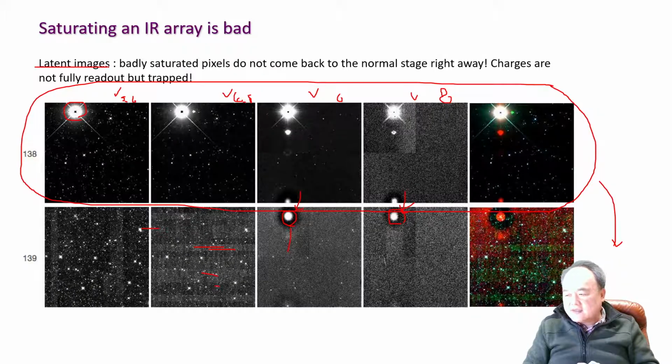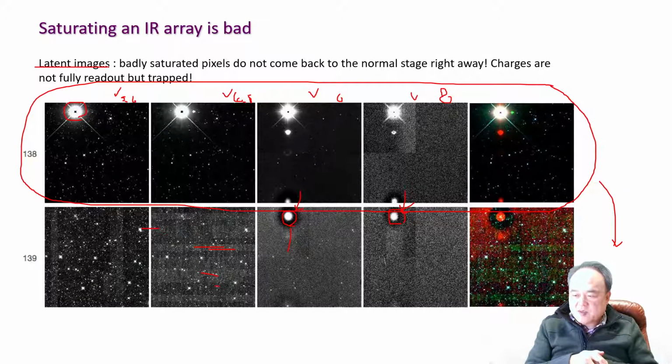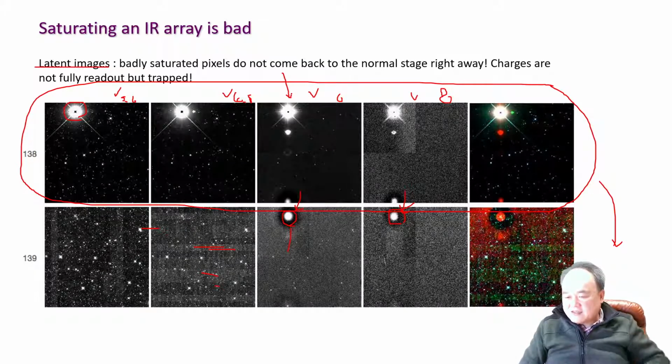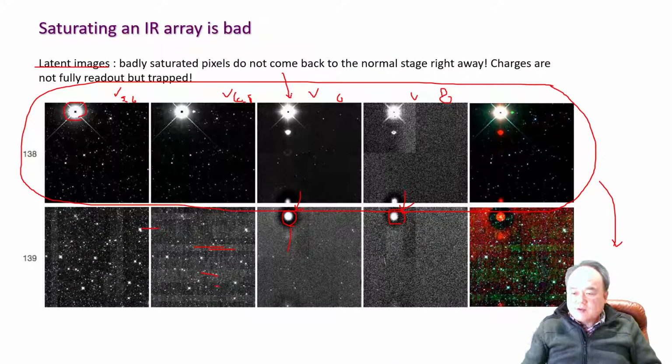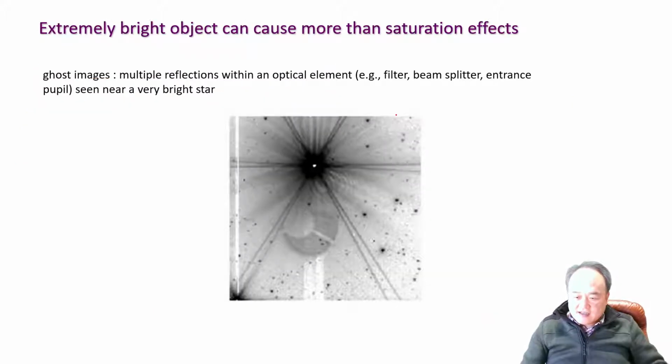This is an undesired operation, especially for a space telescope. So saturating the infrared array is one of the really feared operations in observation. That's why we need to worry about the coadd, so that the observation remains below the saturation limit.